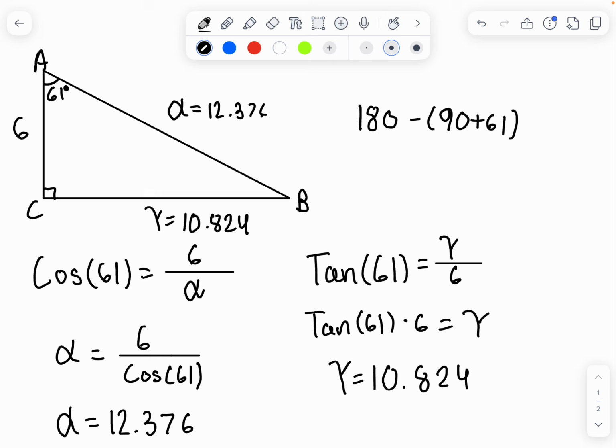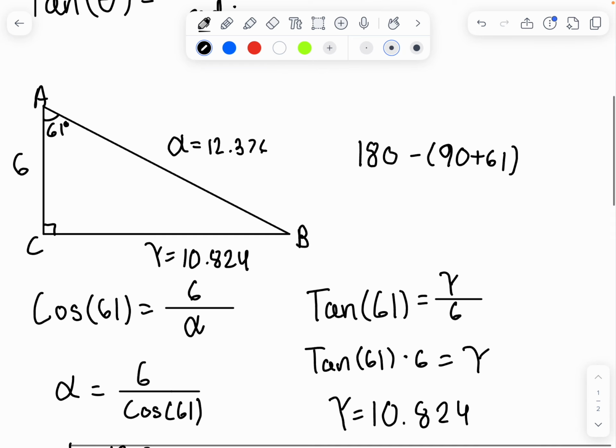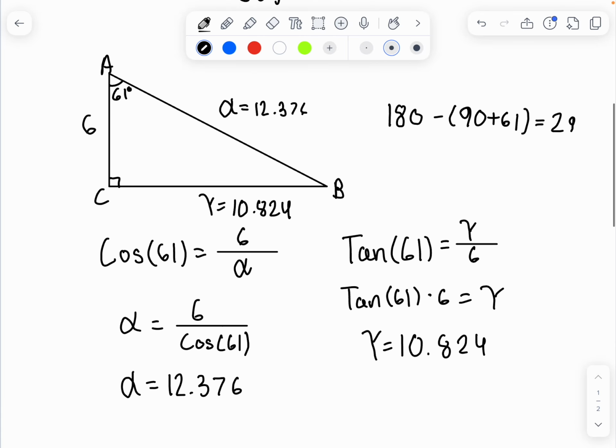And if we put this in our calculator, we'd get 29. This means that B equals 29 degrees.